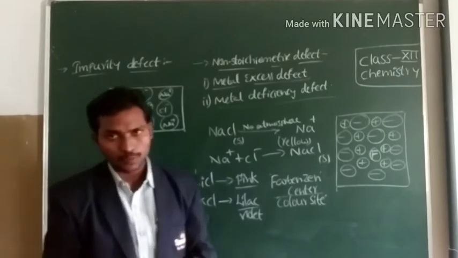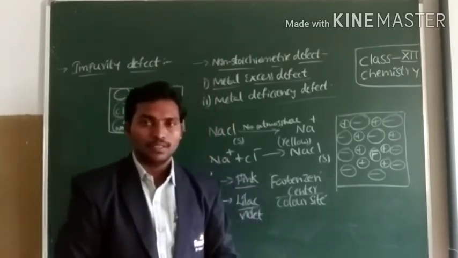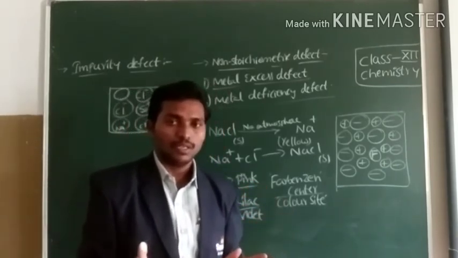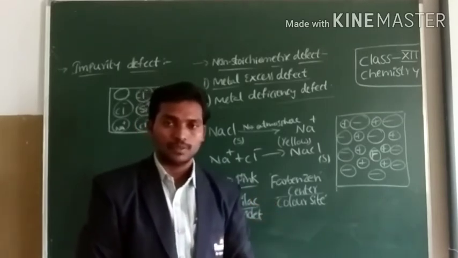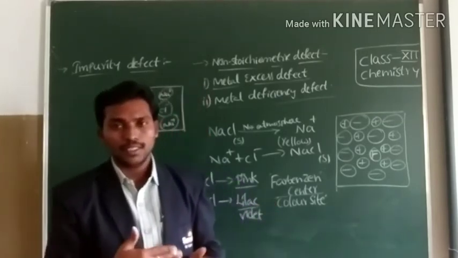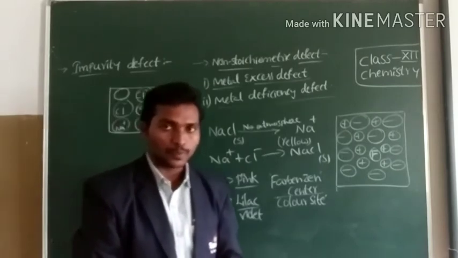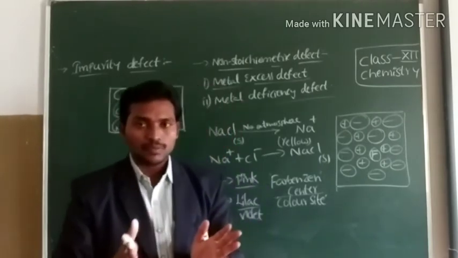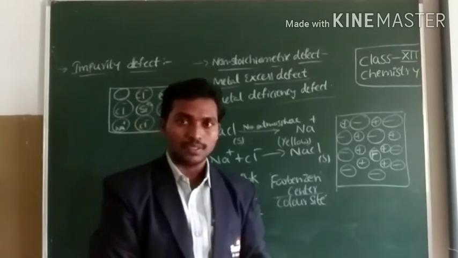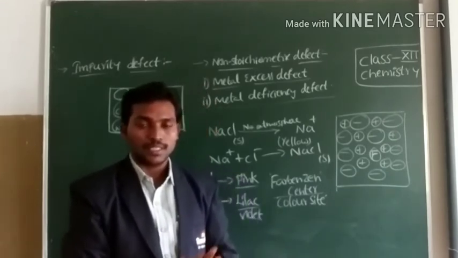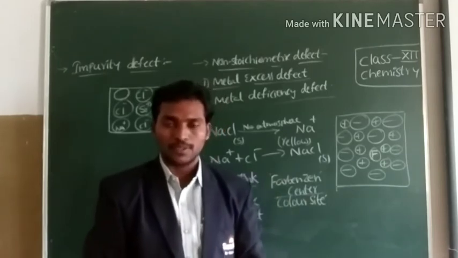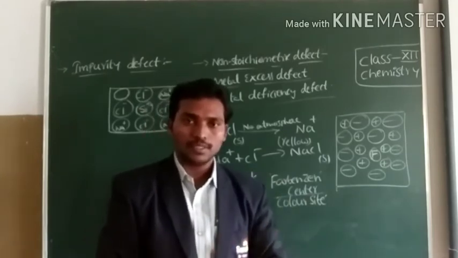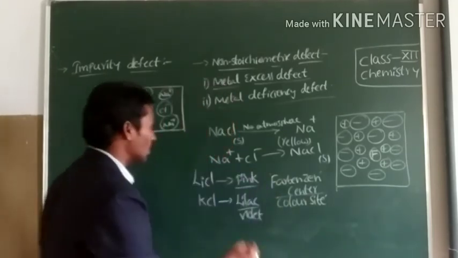It is difficult to prepare metal compounds with stoichiometric composition, because practically it is not possible to prepare crystalline solids with exactly the required stoichiometric proportion. For example, consider FeO, ferrous oxide.